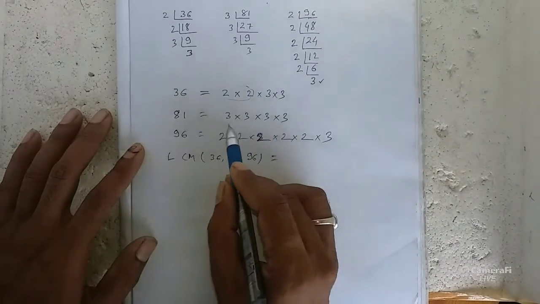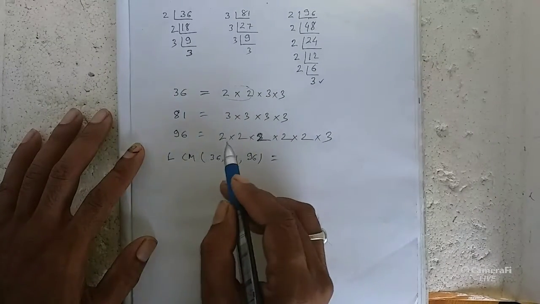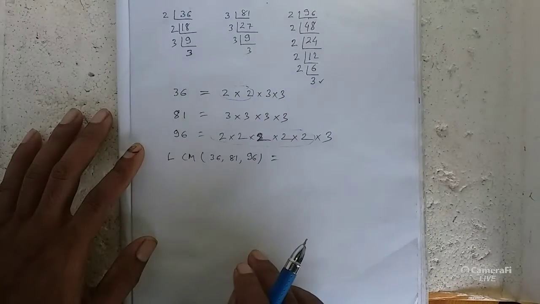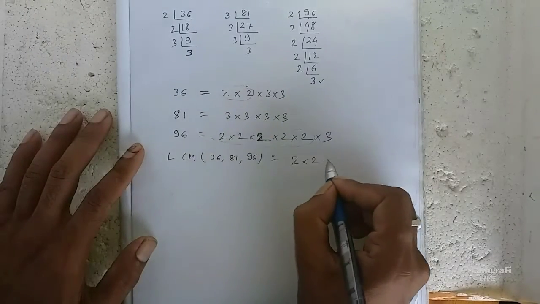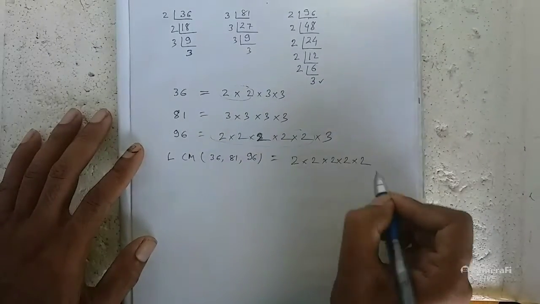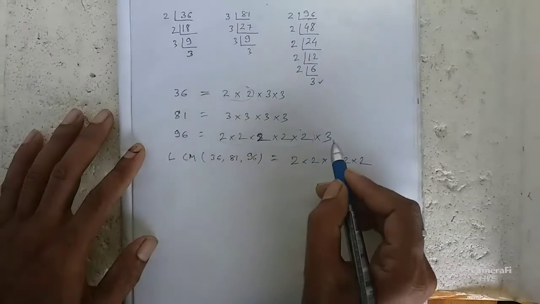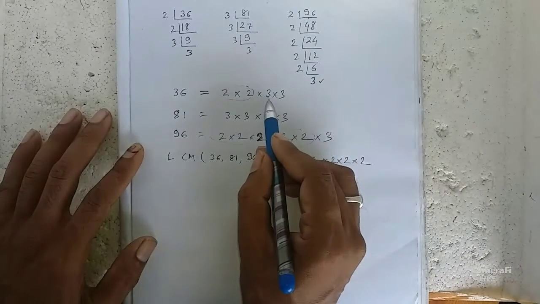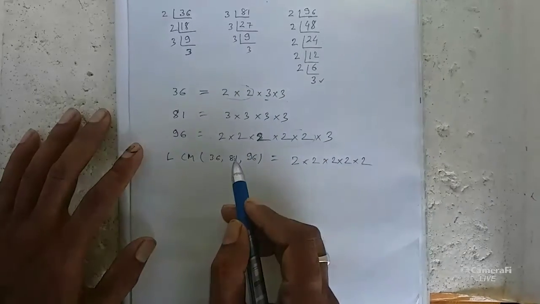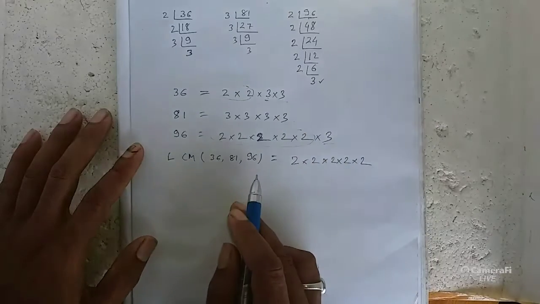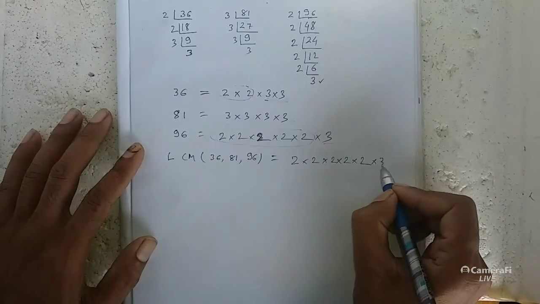In 81 no 2, but in 96 there are 5 2s. We will take the maximum number of 2s. 5 2s we have to take. And now coming to 3. How many 3s are there? In 36, 2 3s. In 81, 4 3s, and in 96 only 1 3. We will go for the maximum number of 3s. So we have to take 4 3s.